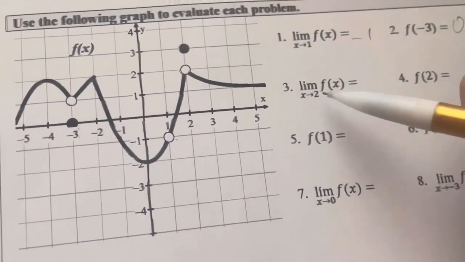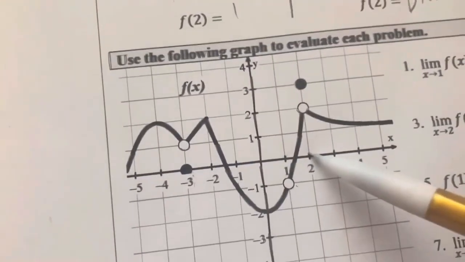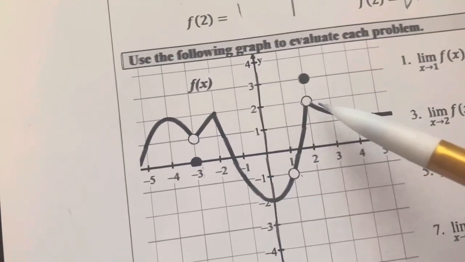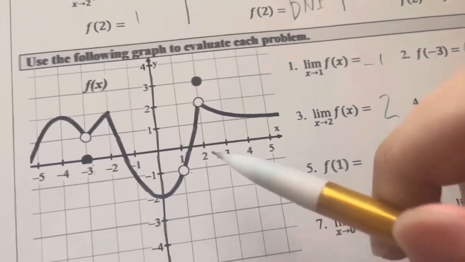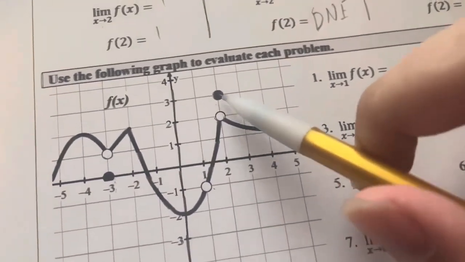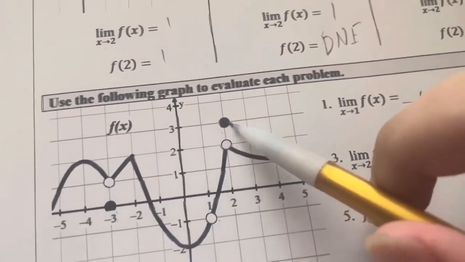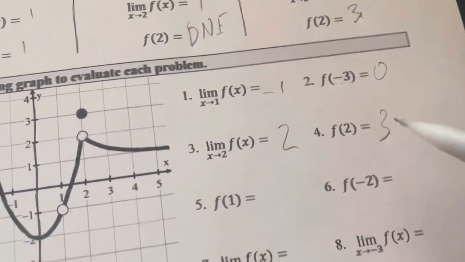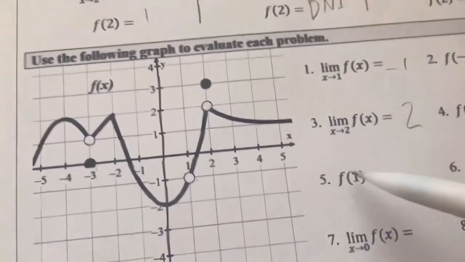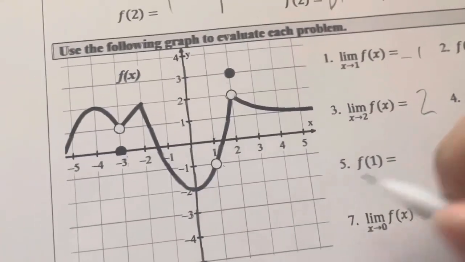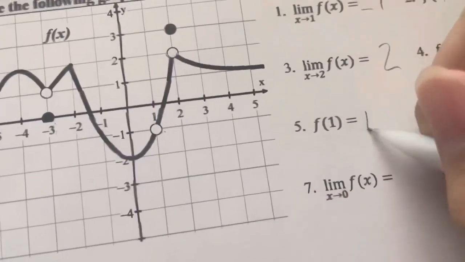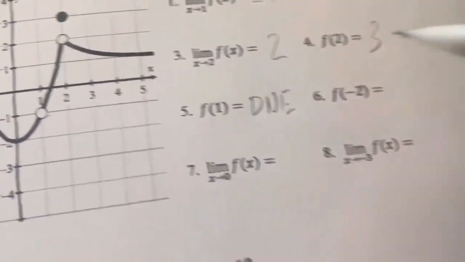The limit as x approaches 2, so the line is approaching 2. F of 2, open circle, so the dot is the answer, 3. F of 1, there's no dot, and that's an open circle, so does not exist.